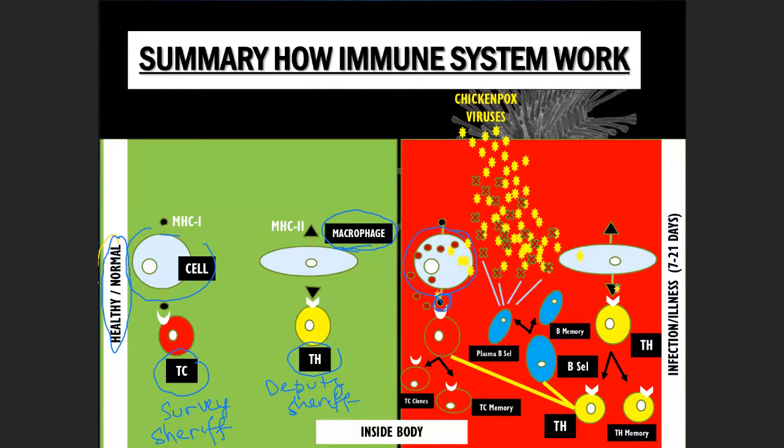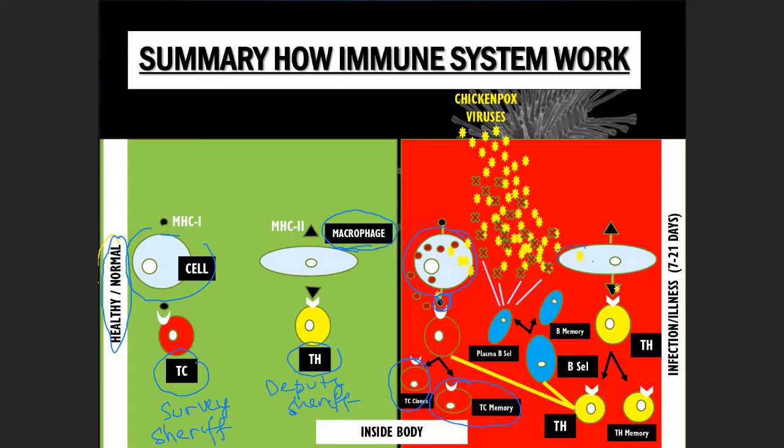When it is active, it will make other TCs, called the TC clone, and also it will make the TC memory cell. Now, when the chickenpox enters into our system, the macrophages also know, okay, there is an infection.